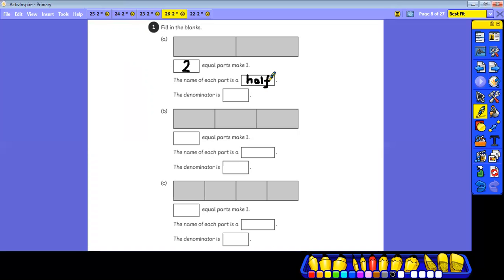And then the denominator, okay, so in a half, if I write it like that, I can see my denominator is 2. Okay, each of those is a fraction of a half. 2 of them together make a whole, and the denominator is 2. Okay, so hopefully that's explained how you work through those questions.